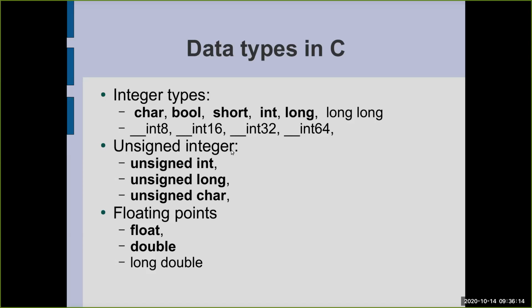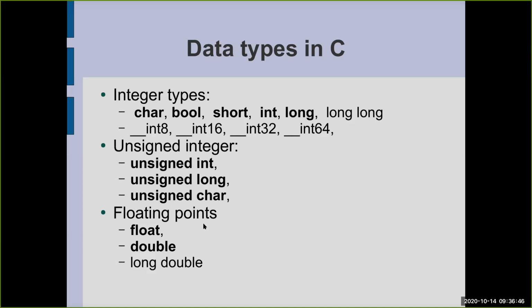In case of unsigned integers, I have types which are quite similar to integer, but they have a prefix unsigned. So unsigned types can represent only the values from 0 up to positive integer elements.